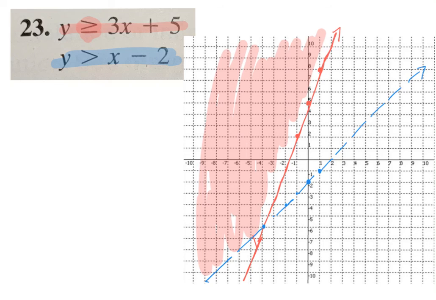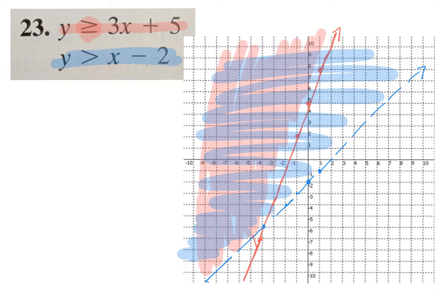So for this one, I'm going to shade everything above this blue line here. And you'll notice that you create this particular wedge where they both cross each other. So your answer is going to be this wedge right here. That will be your answer for this one.